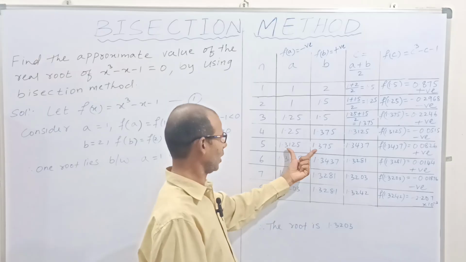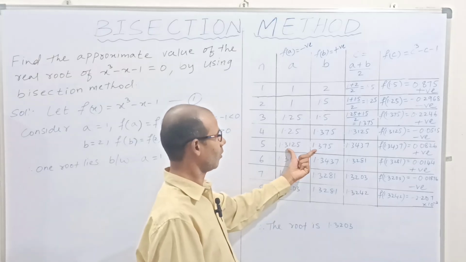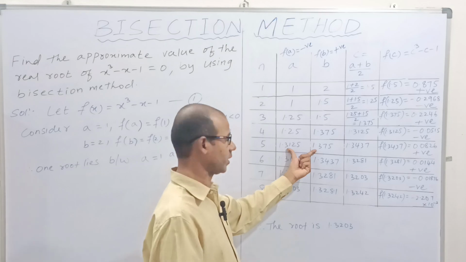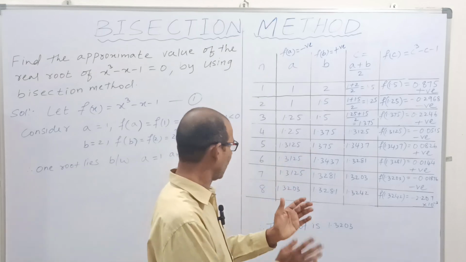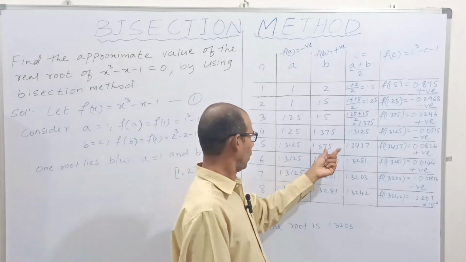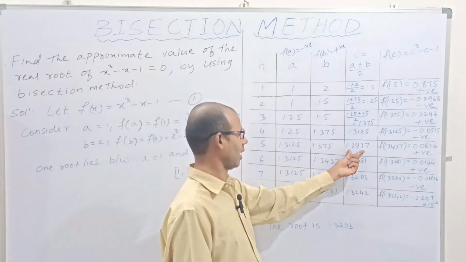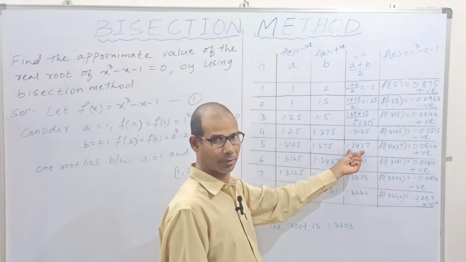Okay. So now these two are the values of A and B at which the function values are of opposite signs. So we are still coming closer to find the root. Now again finding the value of C using these two values A and B, the C value is 1.3437.